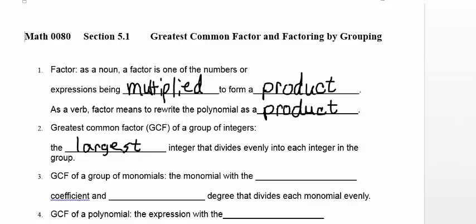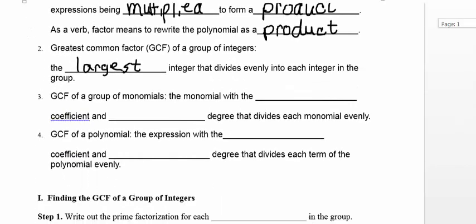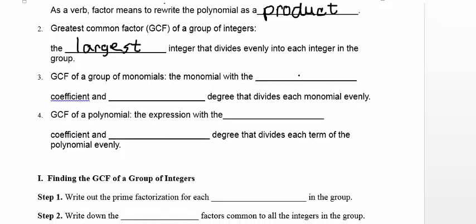The greatest common factor, also known as GCF, of a group of monomials is the monomial with the largest coefficient and the highest degree that divides each monomial evenly.